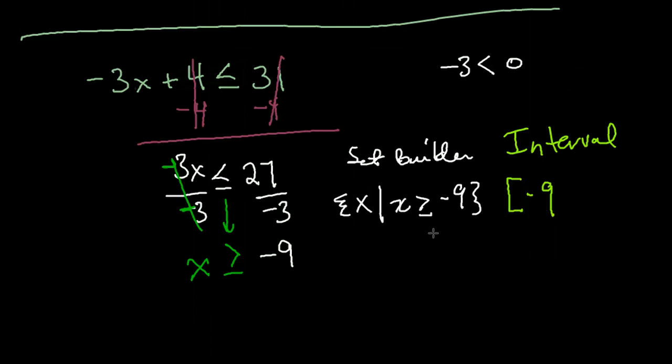So we use a square bracket around negative 9 because it includes negative 9, and we go all the way to positive infinity, and anytime we reference infinity we use a rounded parenthesis. So remember, interval notation is a minimum and a maximum number. We use round to indicate it doesn't include, or square to indicate that it does include.